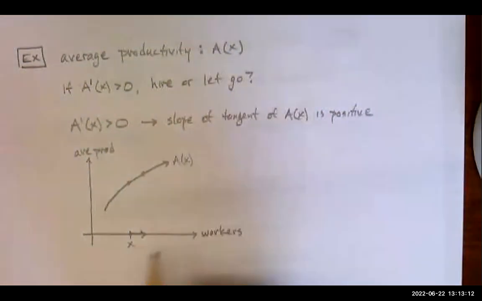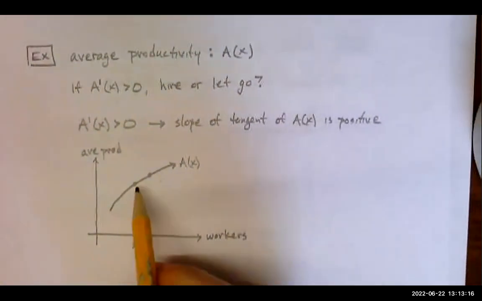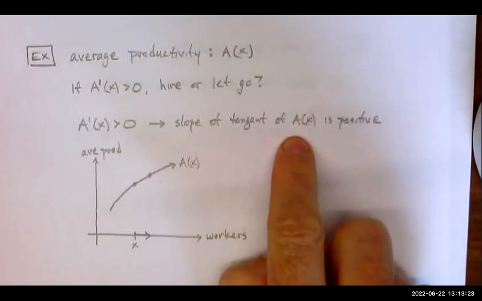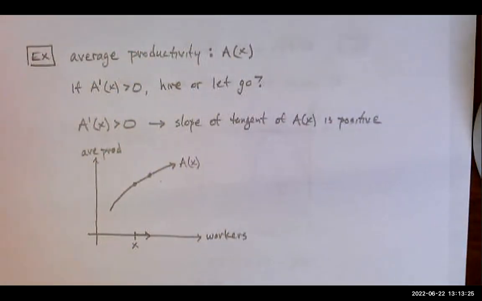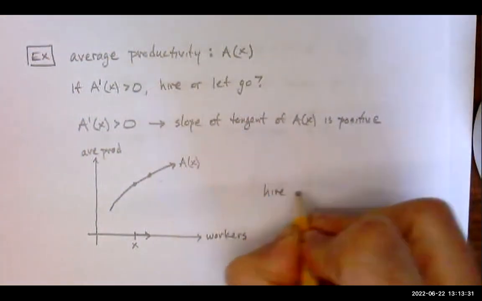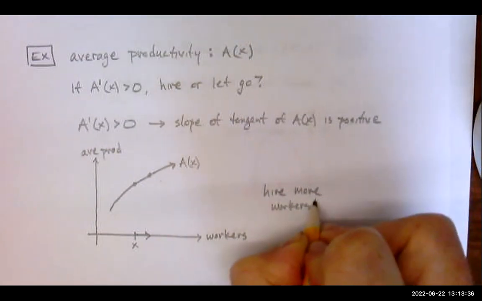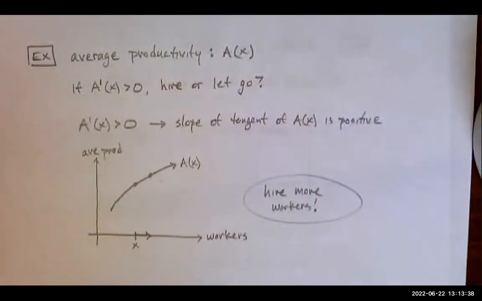And not only would those new workers be productive, but everybody else is more productive than they were before, under this situation where A prime of x is positive. So what do they want to do? They want to hire more workers in this case.